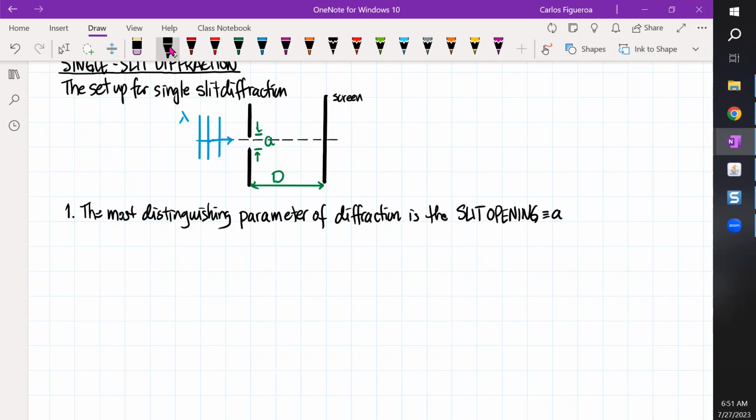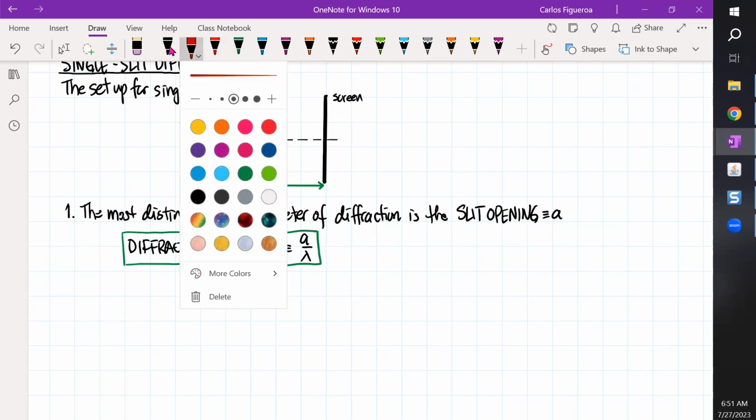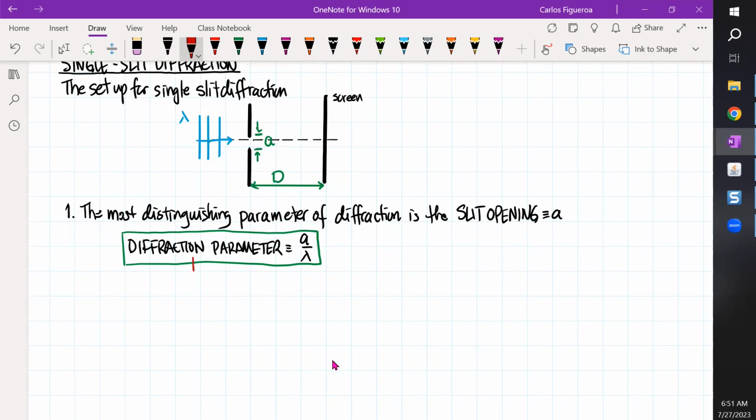But in Carlos's language, it's the diffraction parameter, because the diffraction parameter is directly proportional to A, and this is defined as A over lambda. Once again, remember, this is Carlos's language.